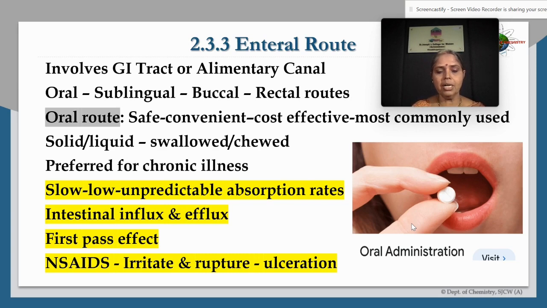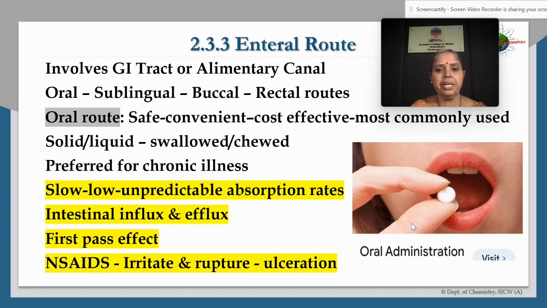That means you want the drug to pass through the wall of the intestine and enter the portal circulation, but because of the efflux, it is pushed back into the tube of the intestine. There are some chemicals that cause influx, there are certain other chemicals that cause efflux, and then first pass effect. All these are the disadvantages associated with the oral route.